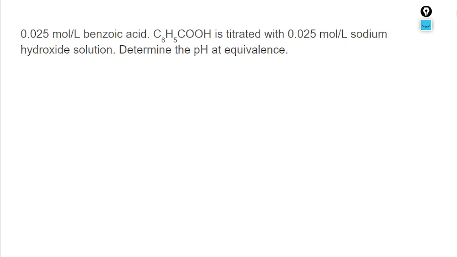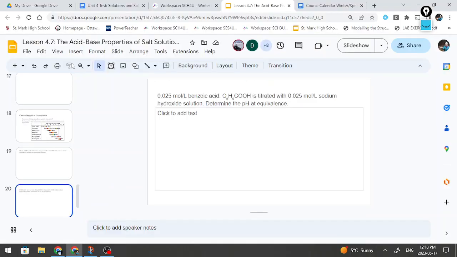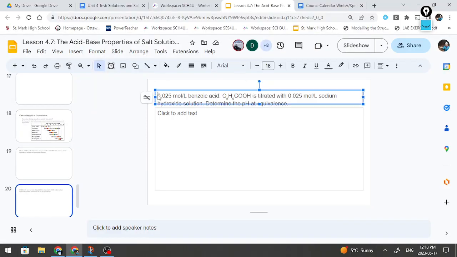So this one, try all those grade 11 steps by yourself first. Write the balanced chemical equation, calculate the number of moles, and then do the mole ratio. And I'm going to try and make the text a little higher so that I have more space.